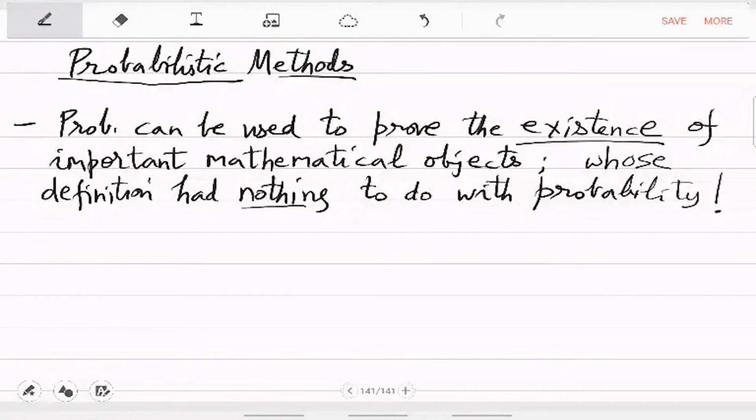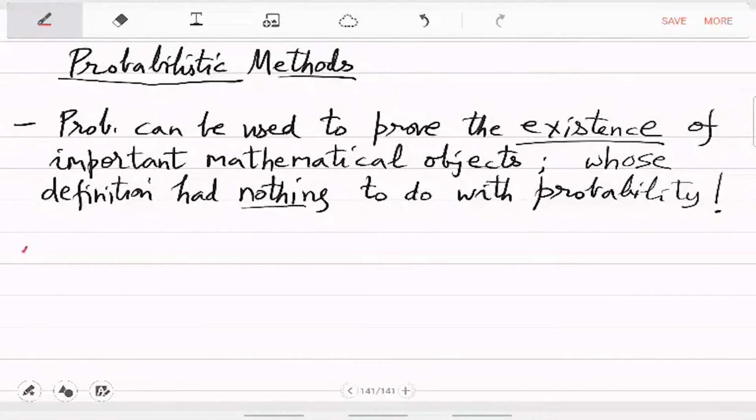So we'll see many examples of mathematical objects whose definition is completely combinatorial. There is no probability, and yet by using probabilistic methods, by using probability, we show that they even exist. The existence was not clear from the definition. So that is the surprise in all these applications.